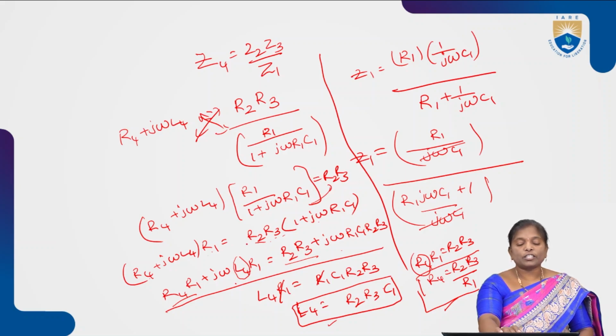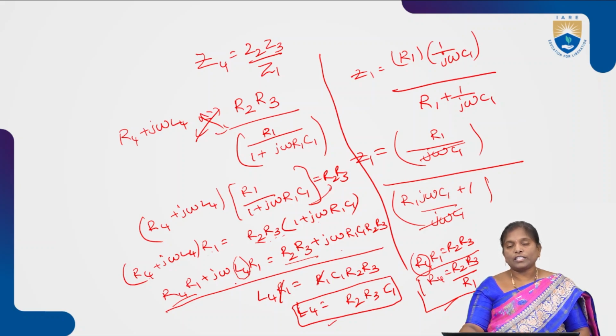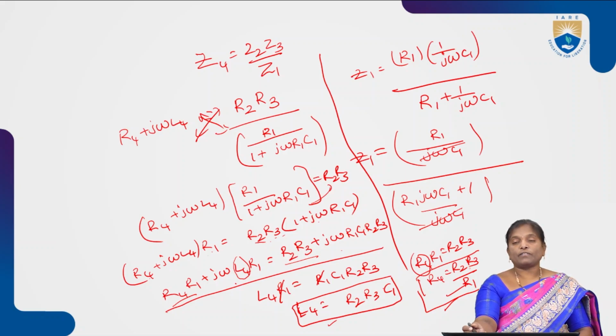Then the simplified expression is R4 R1 plus j omega L4 R1 equal to R2 R3 plus j omega R1 C1 R2 R3. Now, by comparing real terms on both sides and comparing imaginary terms on both sides, we can measure unknown inductance and unknown resistance. Now, if you compare the real terms on both sides, R4 R1 equal to R2 R3, then unknown resistance R4 equal to R2 R3 by R1.